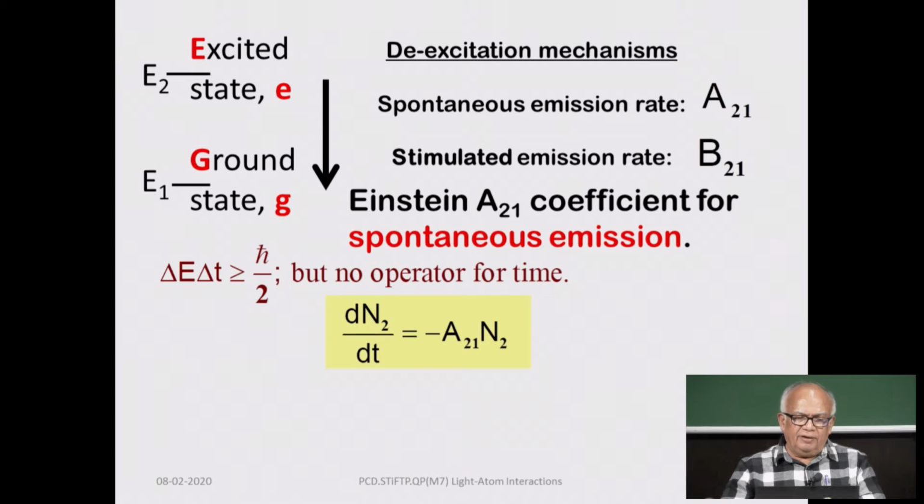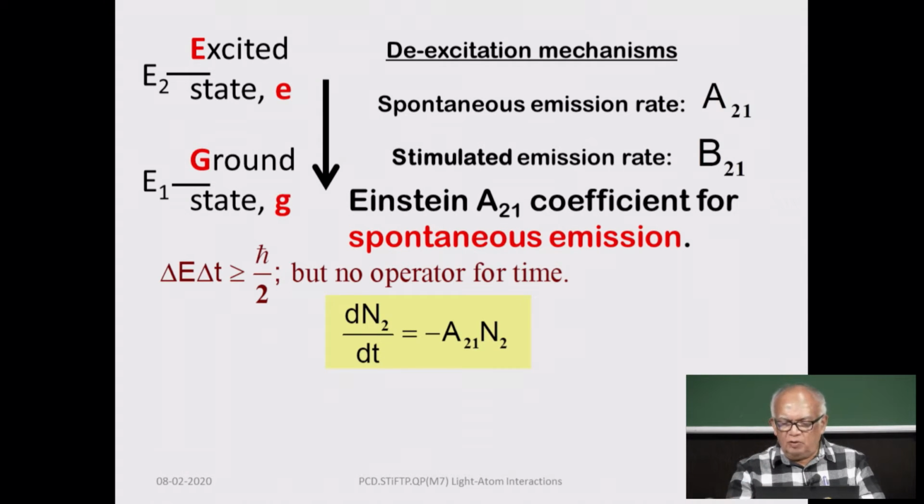So, the rate at which an excited state, which is E2, the excited state denoted by E with the label 2, would decay spontaneously at a certain rate, will be proportional to the number of atoms present in that particular excited state.